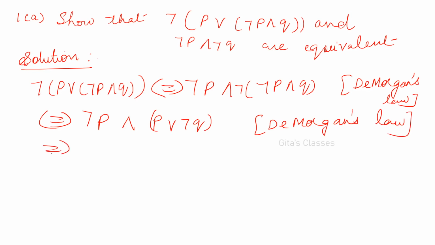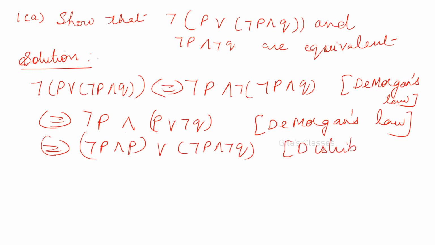So this is equivalent to not P and now you have two different connectives, that is and, or. So you have to apply the distributive law: not P and P, or not P and not Q. I have explained in the classes how to apply the distributive law. Not P you have to apply with the first variable and the second variable, and whatever is inside the bracket in the middle will be there in the middle also. So here I have applied the distributive law.